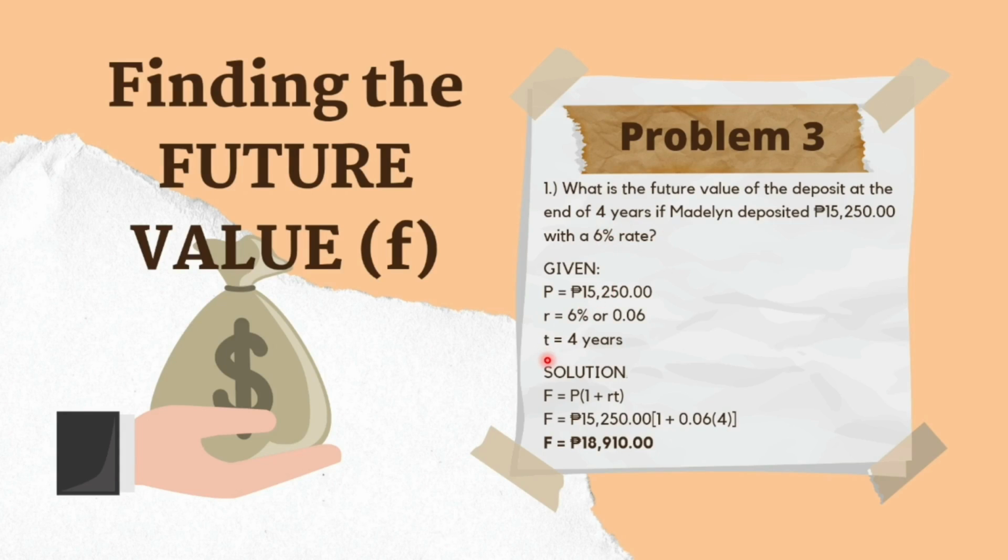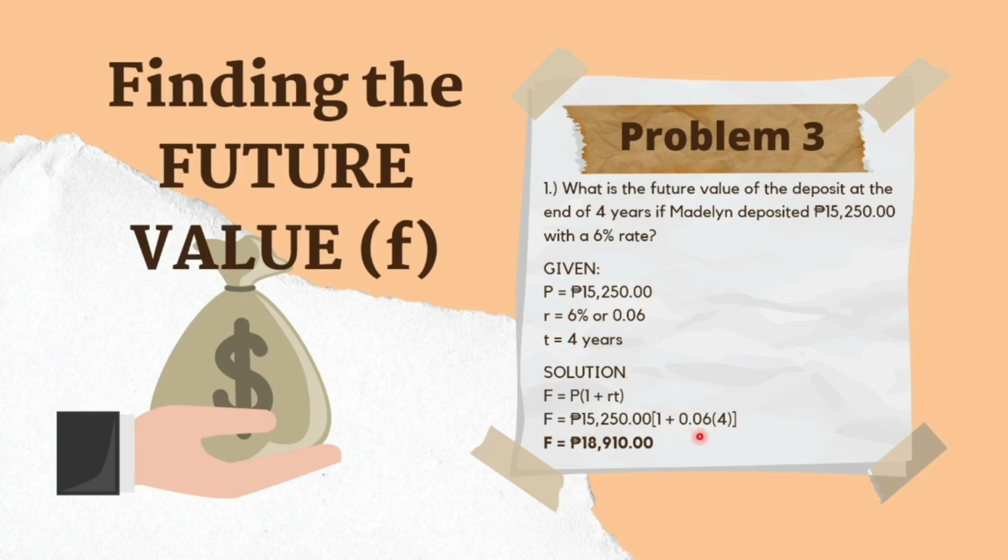So now let us solve. Here, future value is equal to principal times the sum of 1 plus the product of R and T, or rate and time. So substitute it. Future value is equal to the principal, which is 15,250, multiplied by the sum of 1 plus the rate, 0.06, times the time, which is 4.